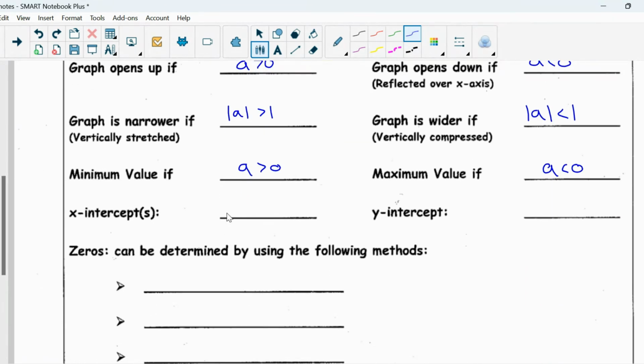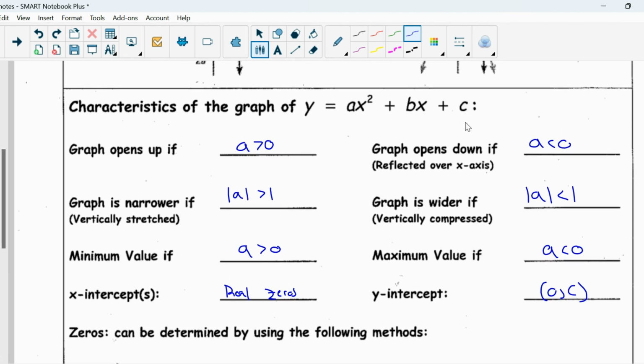Our x-intercepts are just the real zeros of your graph. You can have anywhere from 0 x-intercepts to 1 x-intercept all the way to 2 x-intercepts for a quadratic graph. And your y-intercept is just (0, c). So your c value, the constant on the end of your quadratic, is actually just your y-intercept.